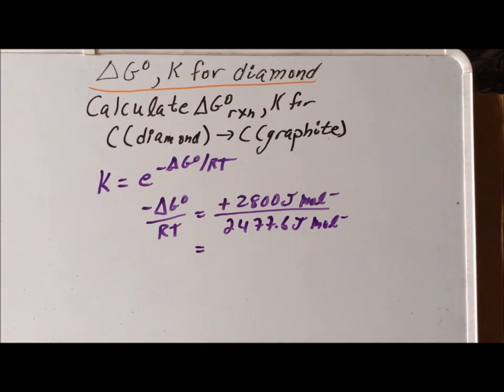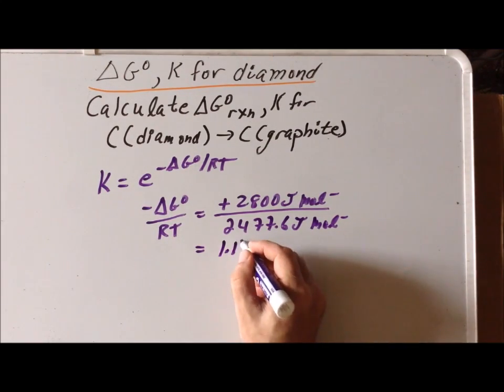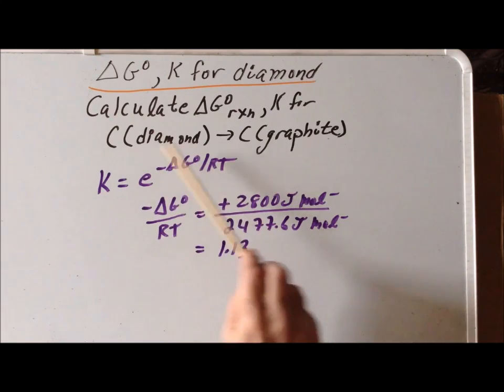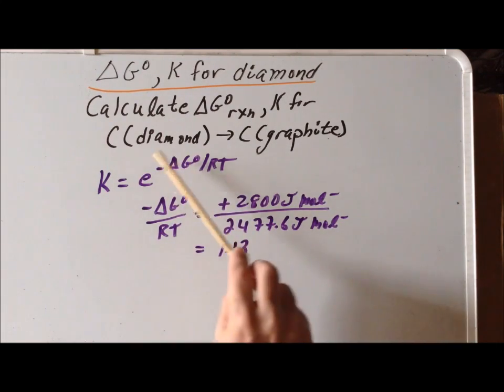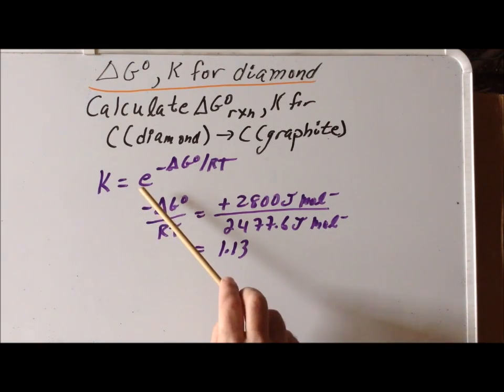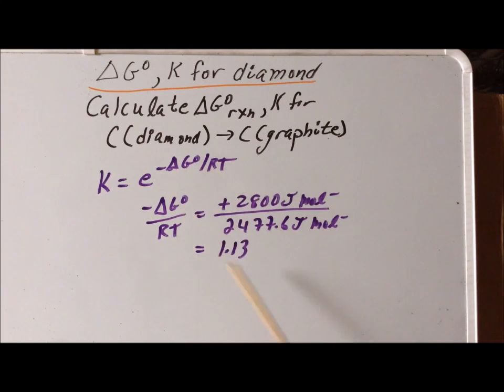Continuing, we get that this particular expression is equal to 1.13. Now notice that whenever we have to perform a mathematical calculation where we have an exponent of some sort, the exponent itself has to be unitless, because it doesn't make any sense to raise e to the power that includes units. So this has to be a unitless number.